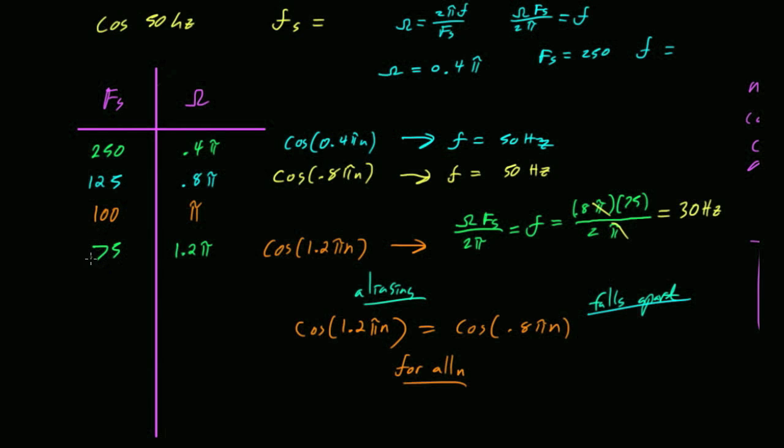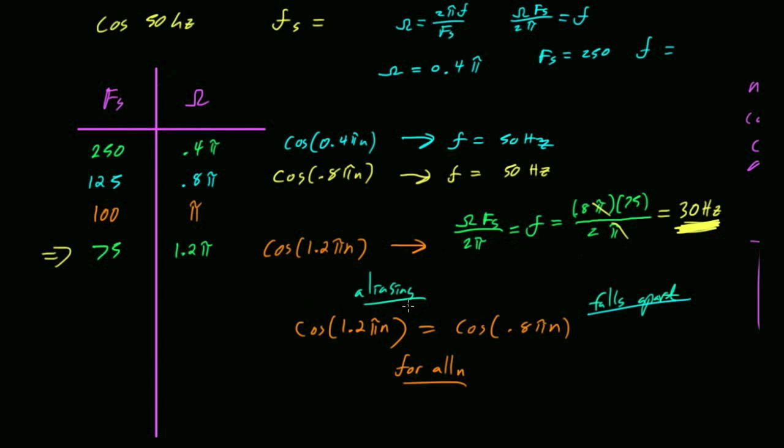I took my 50 hertz signal and sampled it at 75 hertz. That gave me this discrete time frequency, which I then argued was identical to this other discrete time frequency. You cannot tell them apart. So now I'm working off of this discrete time frequency. I worked my problem backwards, and lo and behold, I did not get 50 hertz.